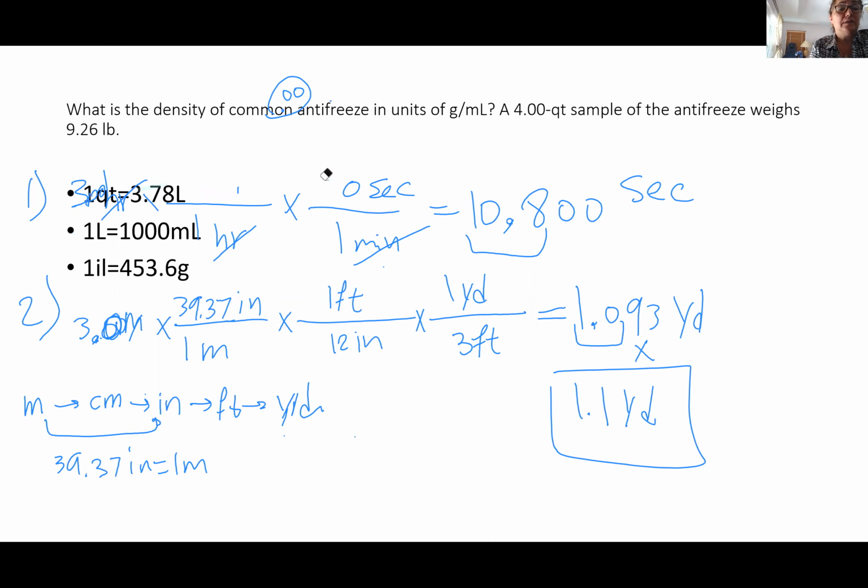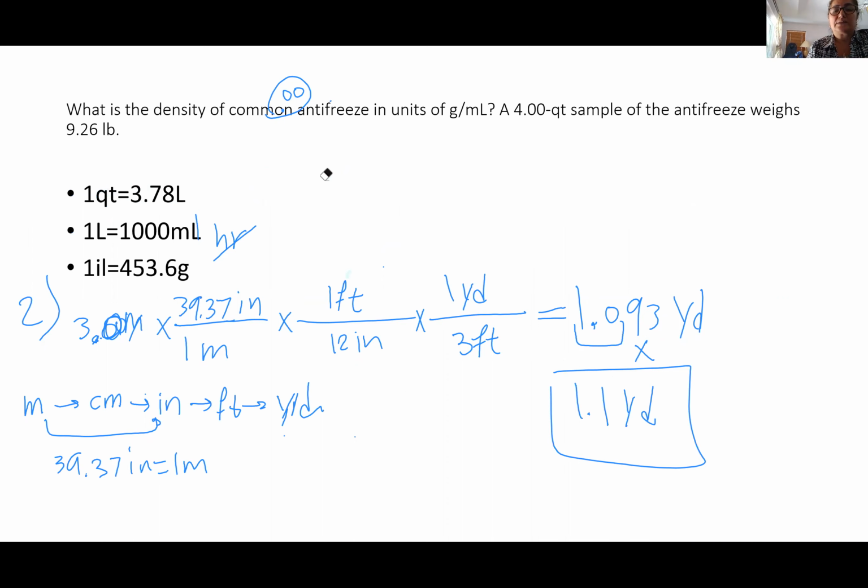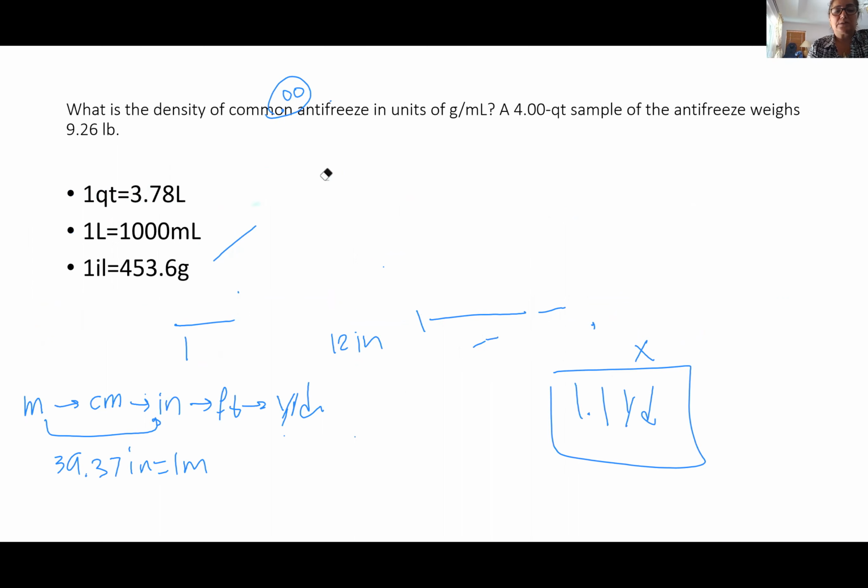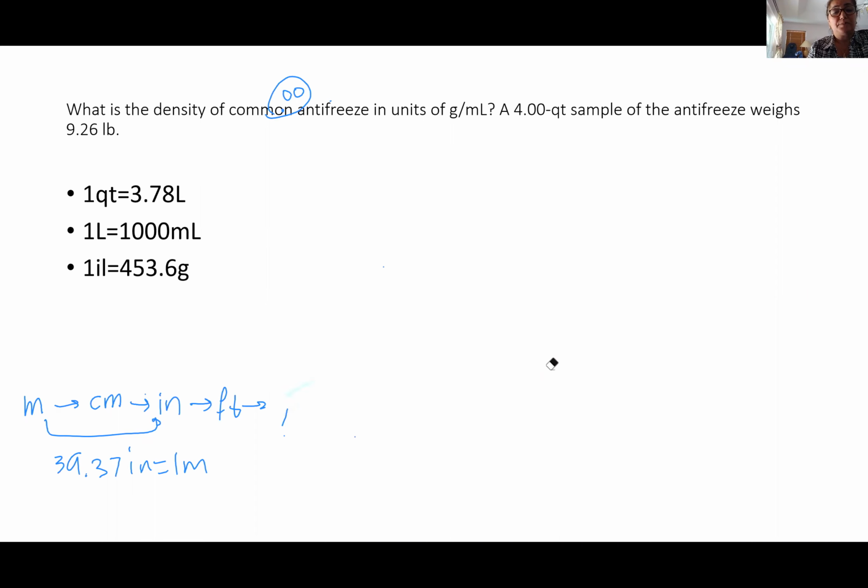Next example. This is going to be a long presentation, and the next example is asking what is the density of antifreeze in gram per milliliter if a 4-quart sample of the antifreeze weighs this many pounds.